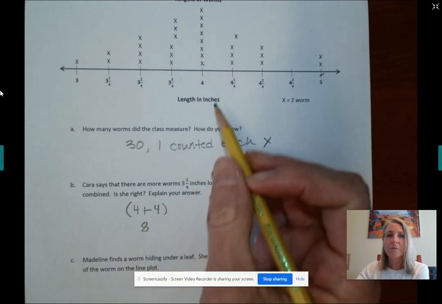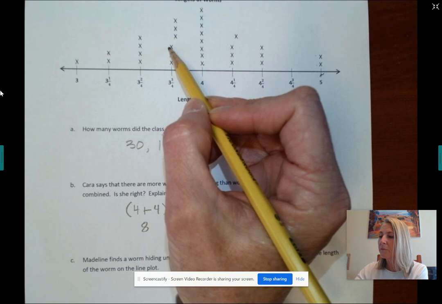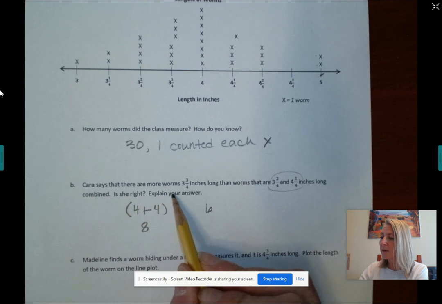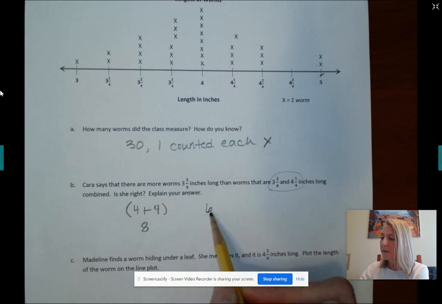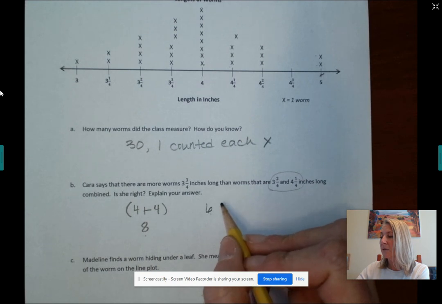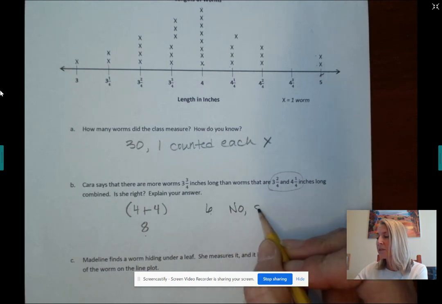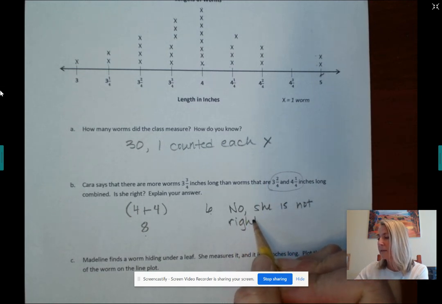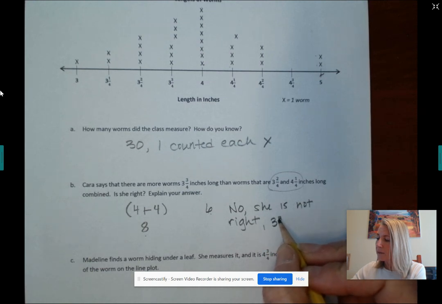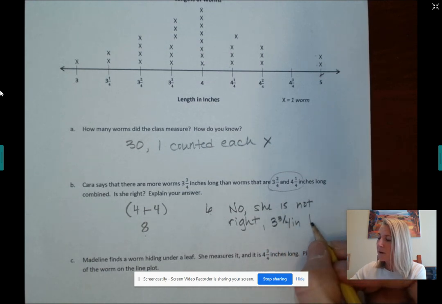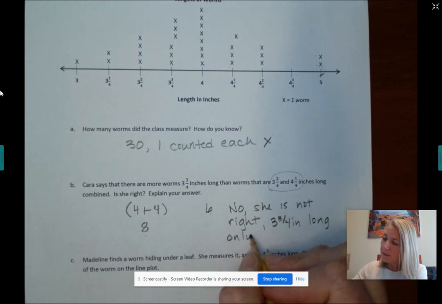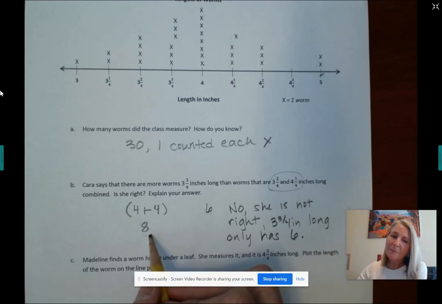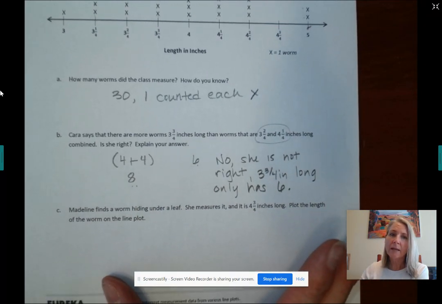And on the 3 3/4, there are 1, 2, 3, 4, 5, 6. So there are 6 over here. She says there are more of these ones than there are of these combined. So no, she is not right. 3 3/4 inches long only has 6, and my math work over here shows that the other has 8.